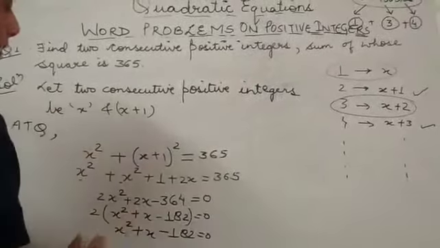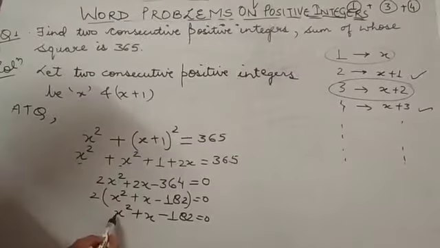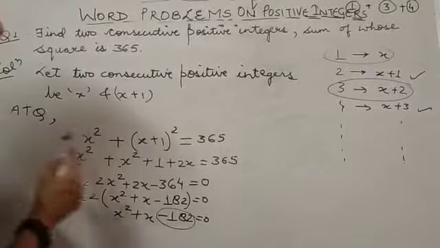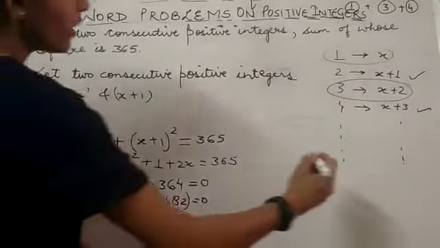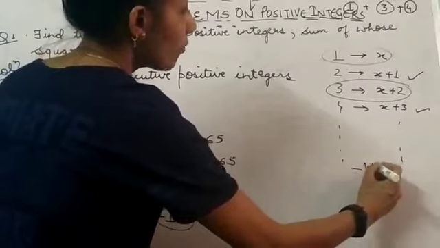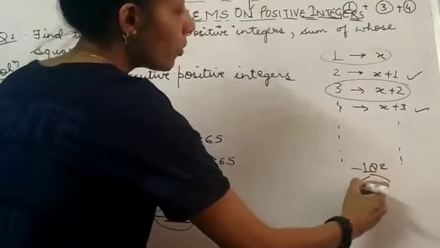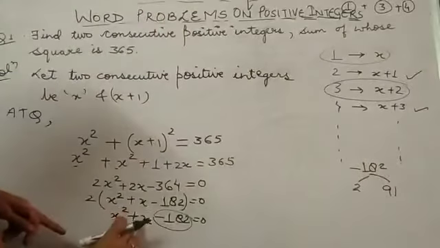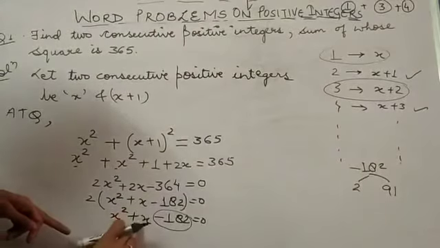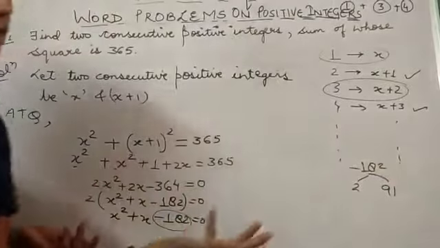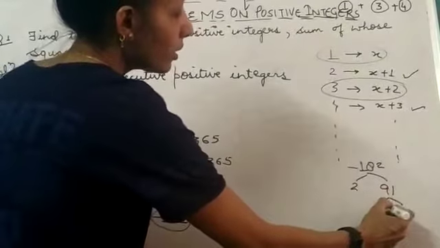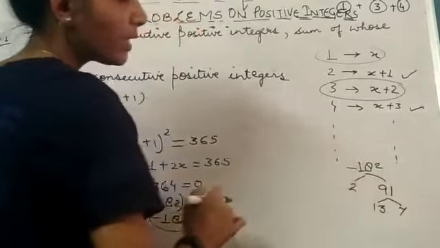So this is my quadratic equation, and I told you whenever the coefficient of x square is 1, we directly take the last number and try to find the factors of it. So this is in the 2 times table, 91. Now I want 1 here, the coefficient of x is 1. By adding or subtracting I am not getting 1, so let's factorize it further. This is 13 into 7, which is again 91.